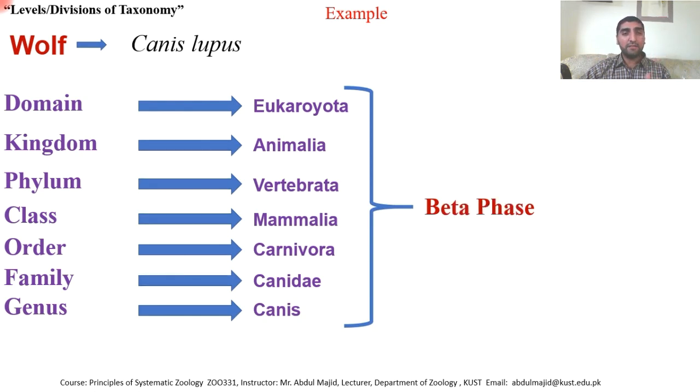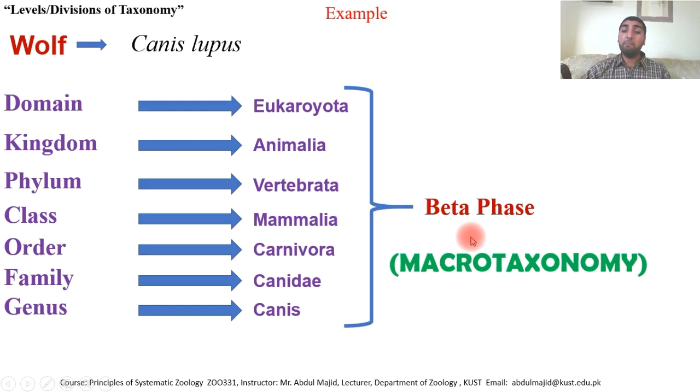When you have identified Canis lupus as a species, you place it into genus, family, order, class, phylum, kingdom, and domain. That means you place this wolf into Canis, Canidae, Carnivora, Mammalia, Vertebrata, Animalia, Eukaryota. So this phase is called beta phase or beta taxonomy, which in turn is macrotaxonomy.